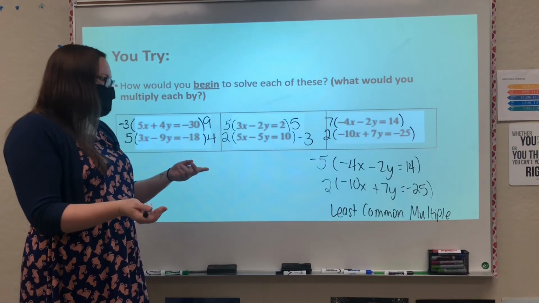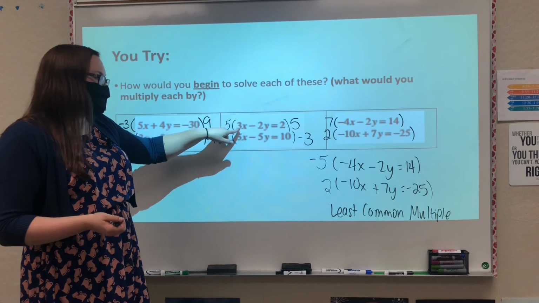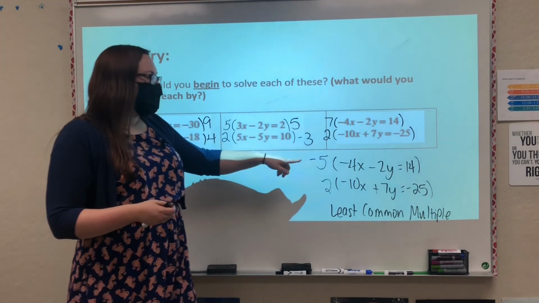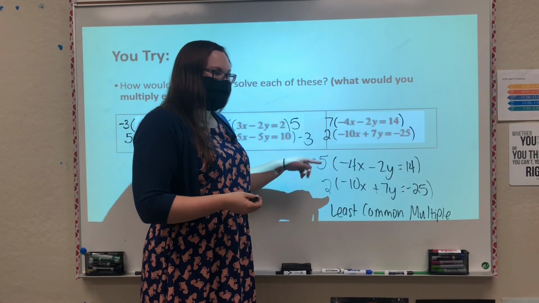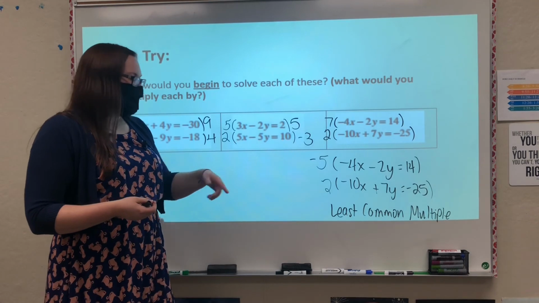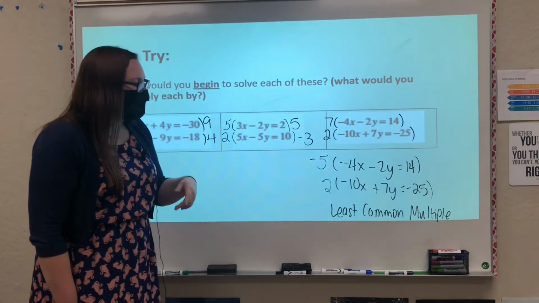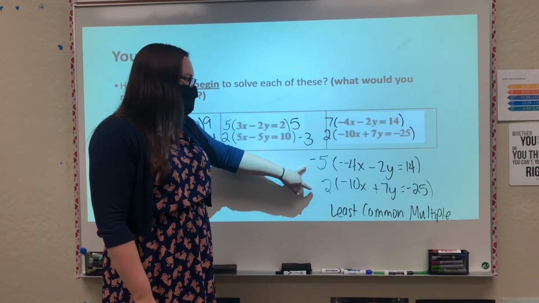Oftentimes you can find that just by doing what we're doing here and switching the numbers. The least common multiple of 3 and 5 is 15. But there's occasions where the smallest number they have in common you can't find by switching those around. There's a smaller number. So here it would be 20, which is why multiplying by 5 and 2 also works.